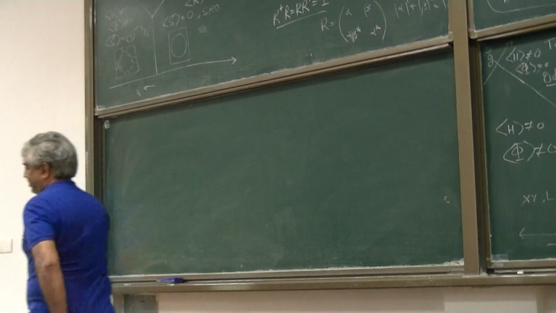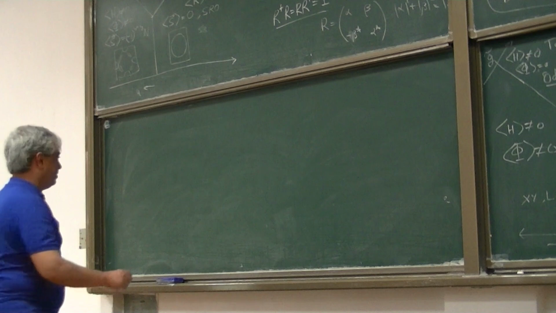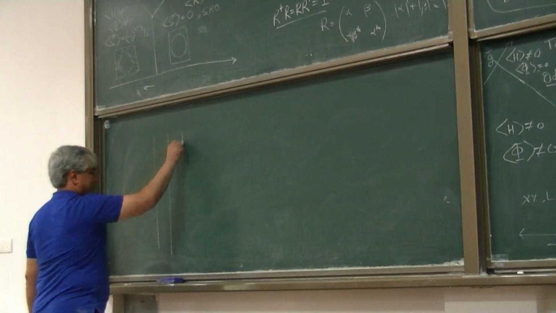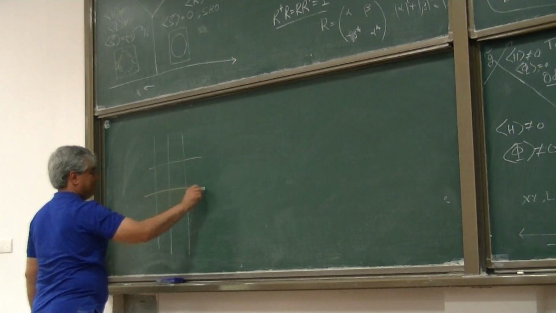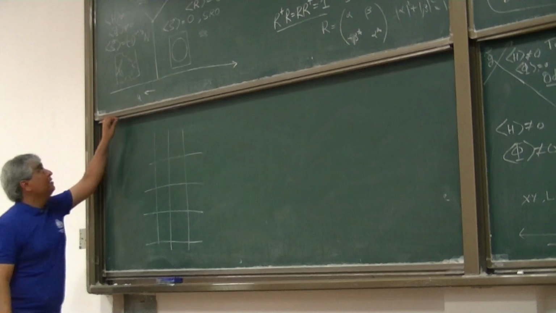So let's consider the simpler case where the spins all line up, just to make connection with the previous lecture. So imagine the spin field S has a vortex. So here's my square lattice. Now one caveat I should say.